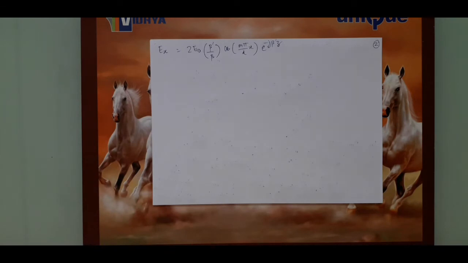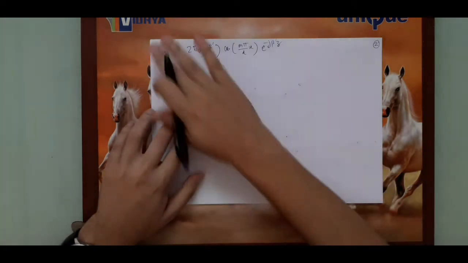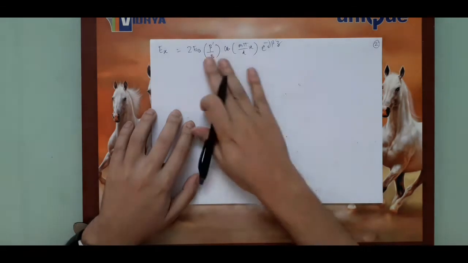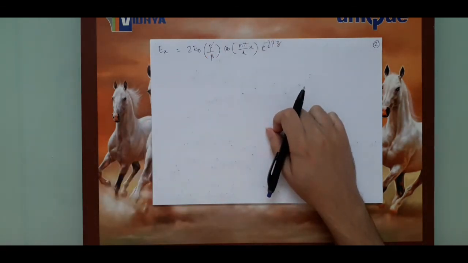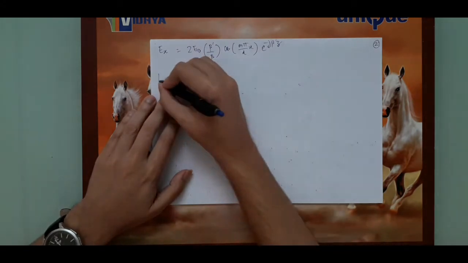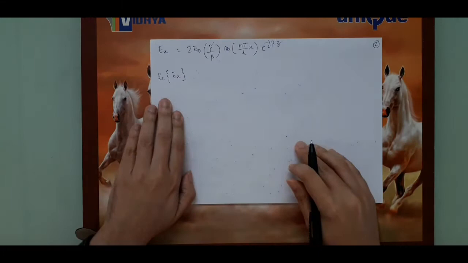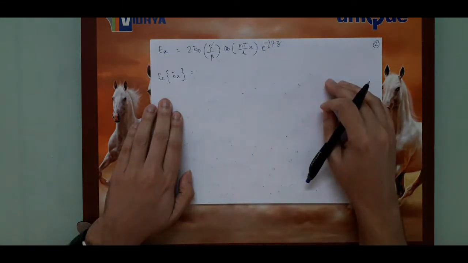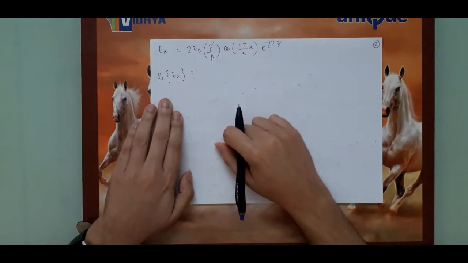Now if I want to look at the variation of the Ex field, I can look at the real part of this field. This field at any given point of time would be nothing but the real part of this whole expression.